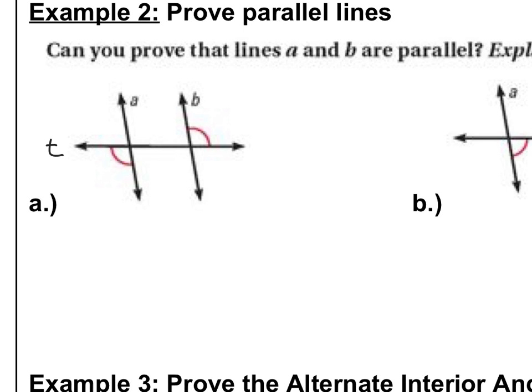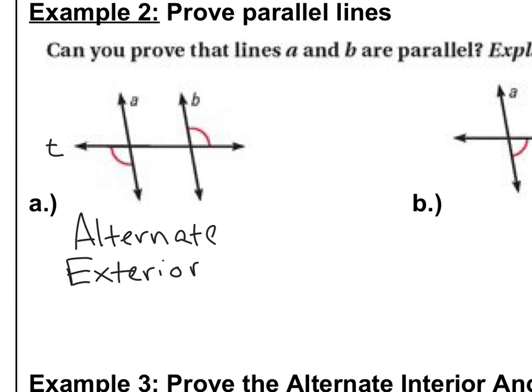We are talking about two angles on the outside of the parallel lines and on alternating sides of the transversal. If they are congruent, which they're showing that they are, the answer is yes, by the alternate exterior angles converse.